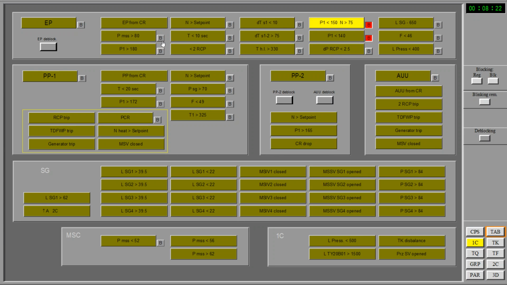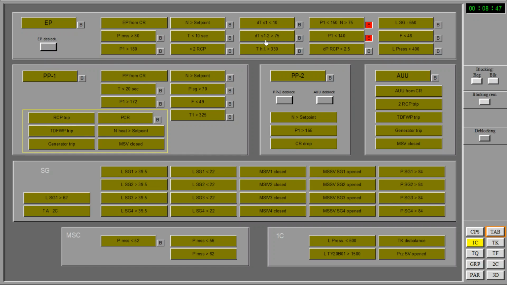Let's see if there is some alarm for the temperature in the pressurizer. TP, it doesn't seem so. Temperature 1 higher than something. DT S1 2 higher than 75. I guess this is between 2 legs.